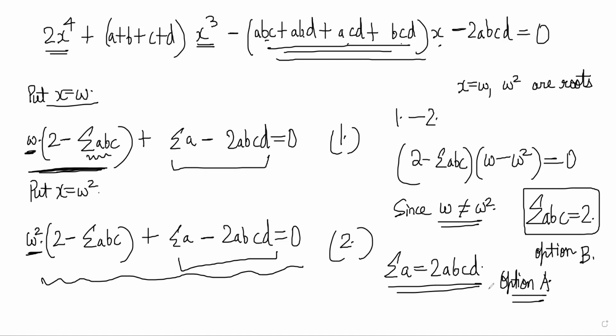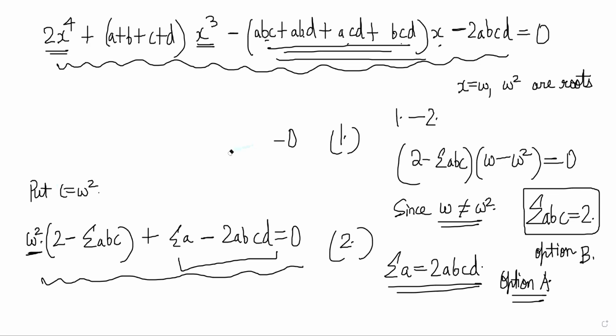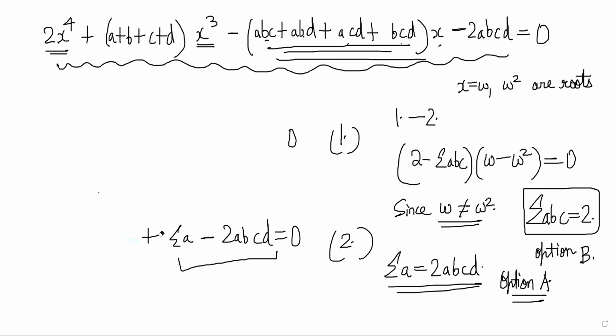The third part of the question is finding the value of 1 by a plus 1, plus 1 by b plus 1, plus 1 by c plus 1, and plus 1 by d plus 1, right? But before we do that, we will simplify this equation a little bit. This equation will start looking like what for us? We can write it like this. Now that we know that a plus b plus c plus d is 2abcd, and summation of abc for 4 terms is equal to 2, the equation starts looking like the following for us.